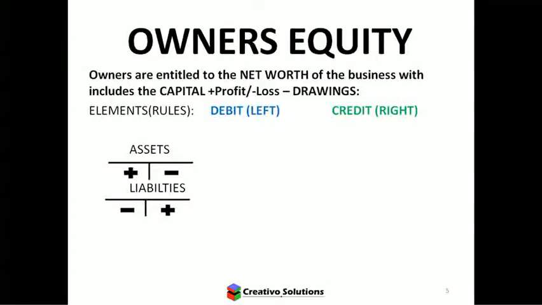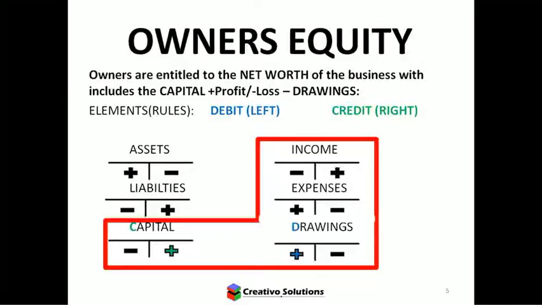We've discussed this in a previous video. So our assets and our liabilities will determine financial position. We're focusing on equity, so we know our capital, our income, our expenses, and our drawings is going to affect our owner's equity, and that's what we're focusing on. So what's going to happen to owner's equity when each of those four accounts are being affected?